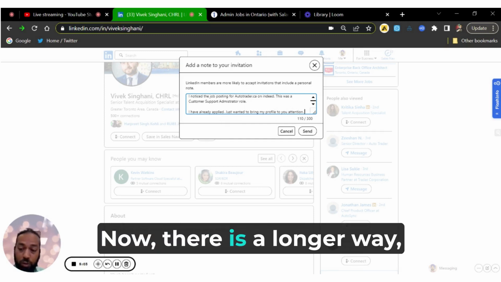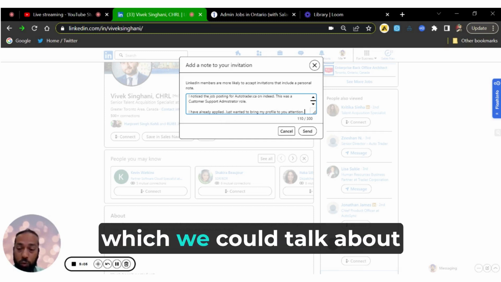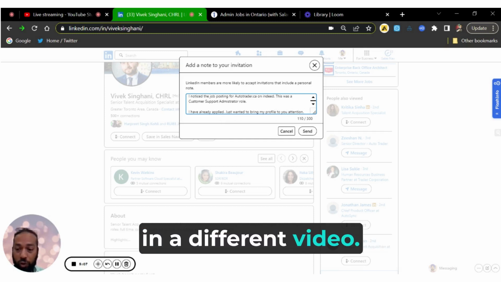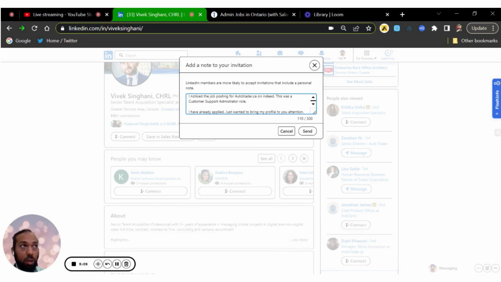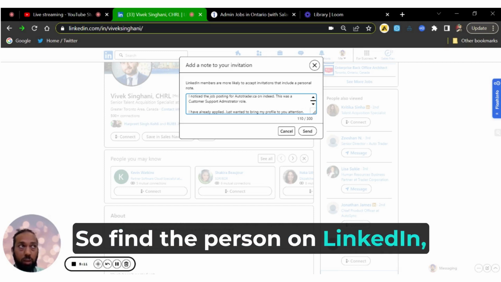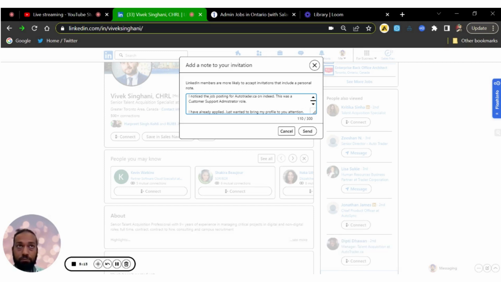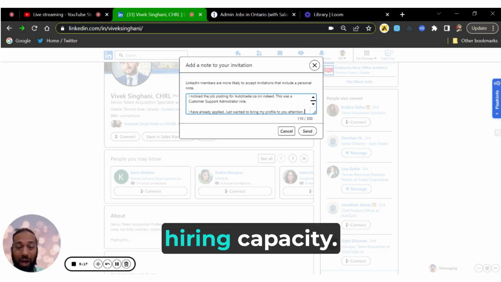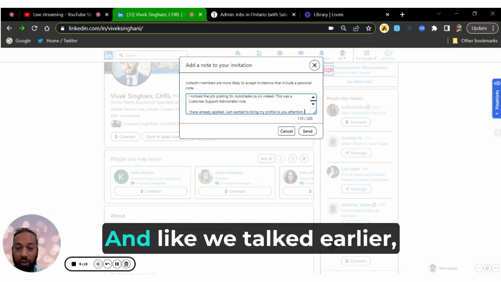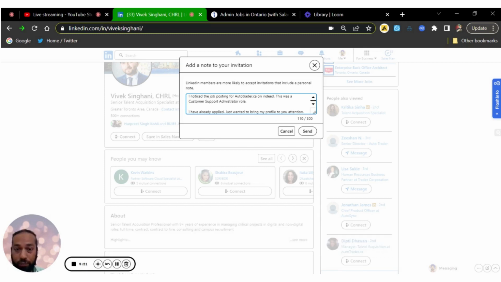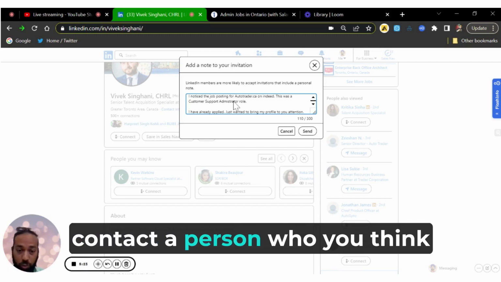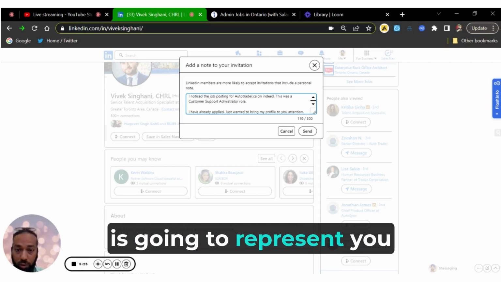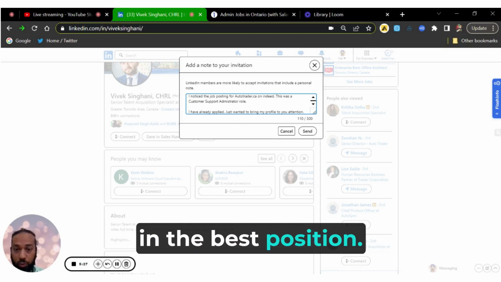Now, there is a longer way, which we could talk about in a different video, but this is the basic step. So find the person on LinkedIn, contact them, make sure they're in the hiring capacity, and like we talked about earlier, contact the person who you think is going to represent you in the best position.